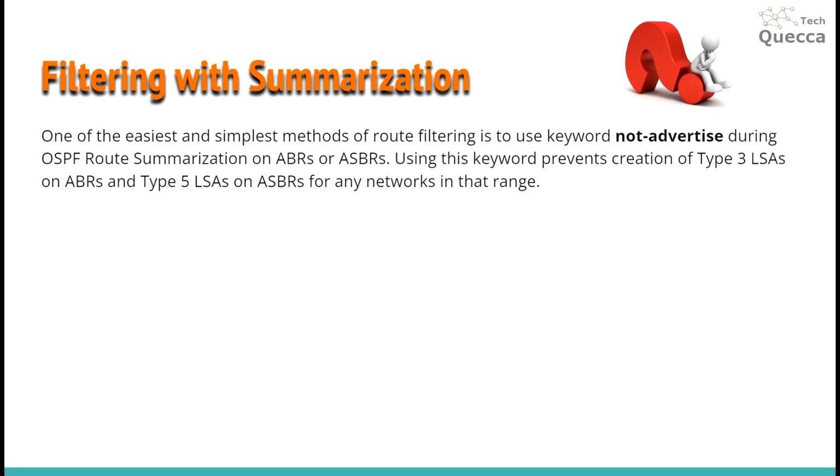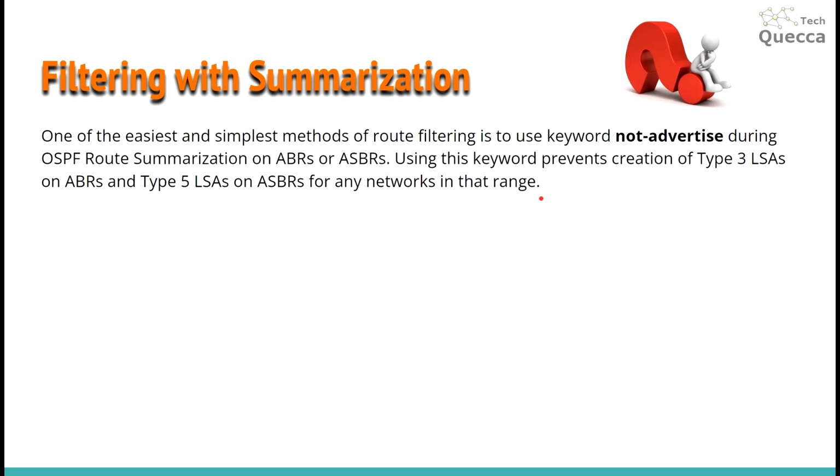One of the easiest and simplest methods of route filtering is filtering with summarization, when you add the keyword not-advertise during OSPF route summarization on ABRs or ASBRs. When you use this keyword, it prevents creation of type 3 LSAs on ABRs and type 5 LSAs on ASBRs for any networks in that range.